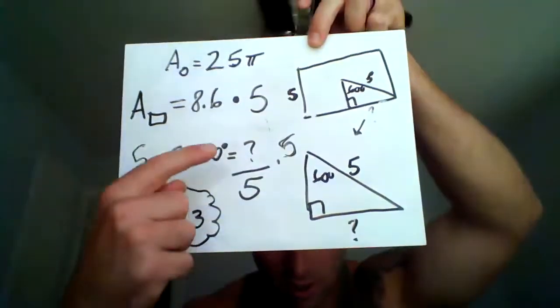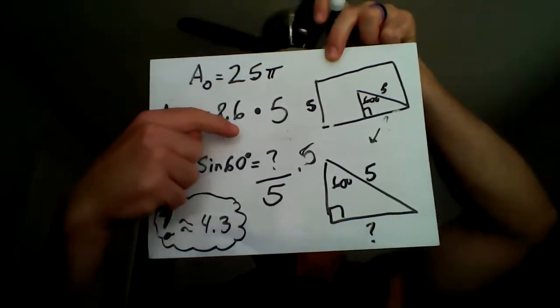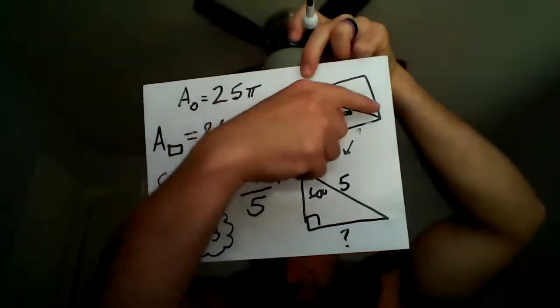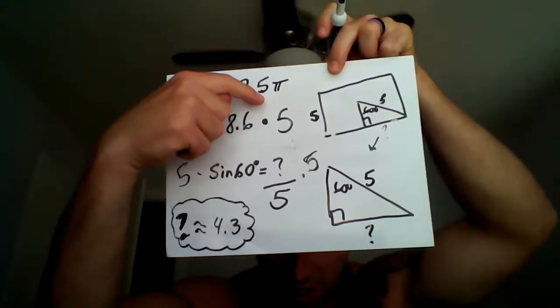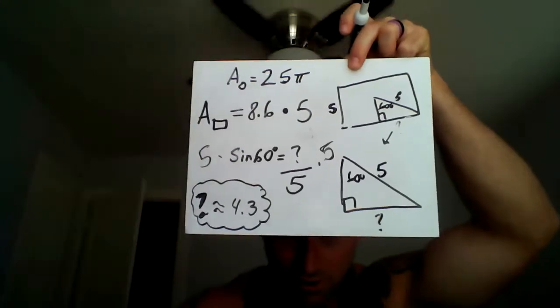So now going back to our formula, the area for this rectangle is going to be 8.6 times 5. So we have to do 25 pi minus whatever that comes out to. So 25 pi minus, yes, that's 43.